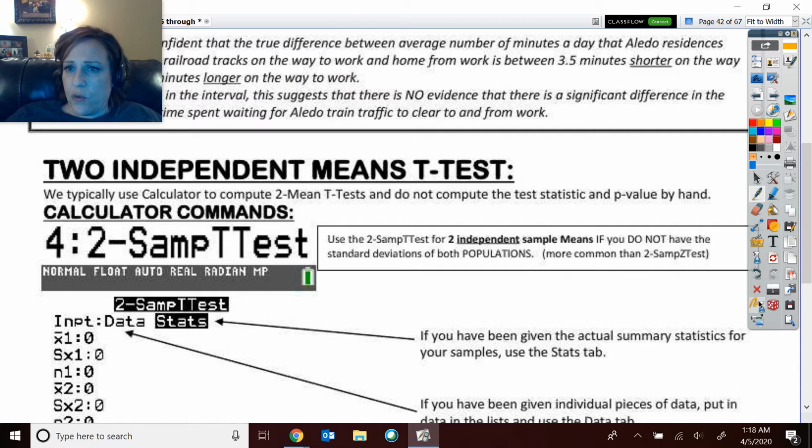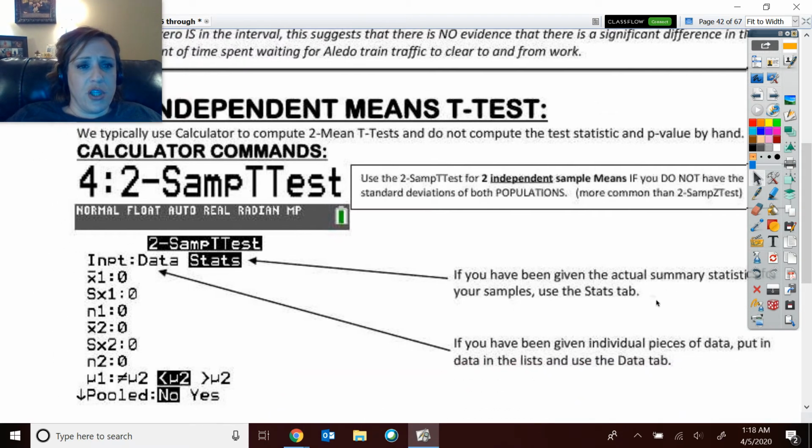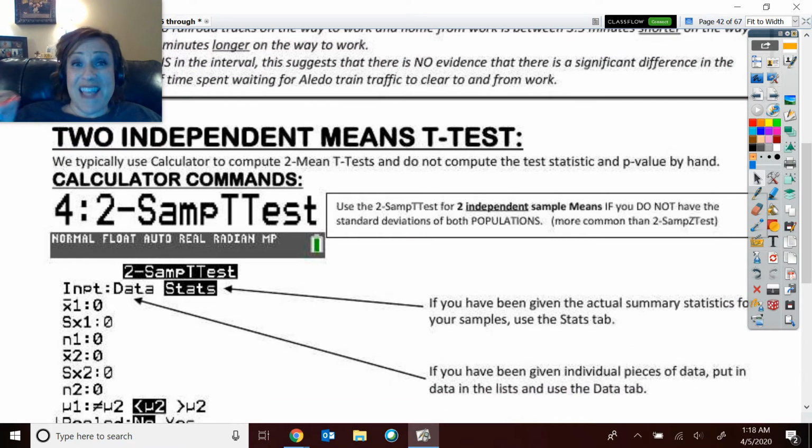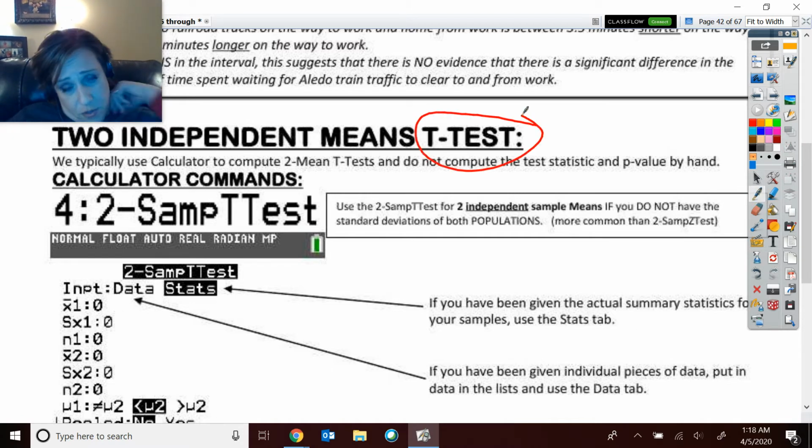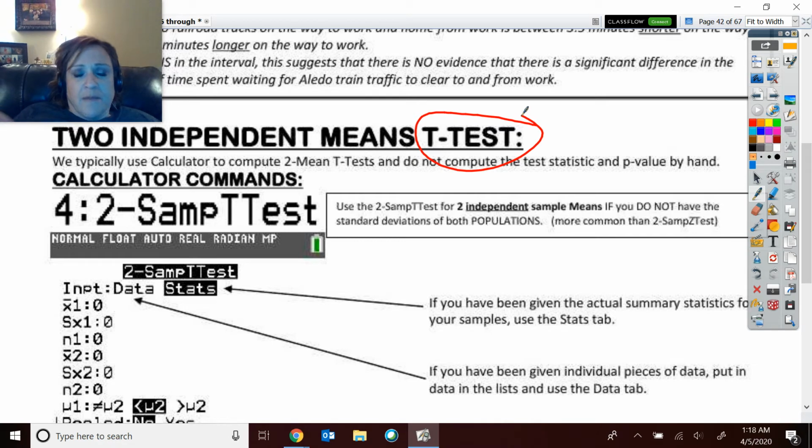Now, let's go on to our two independent means test. Again, we pretty much do this in the calculator. I didn't even show you the t-score by hand here. I just said let's go into the calculator.